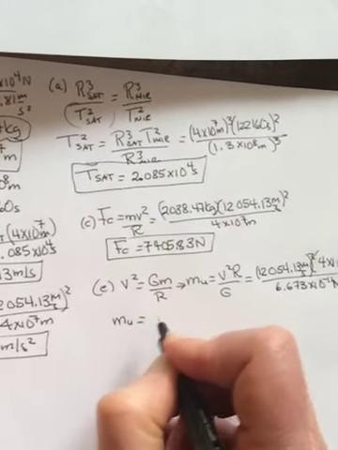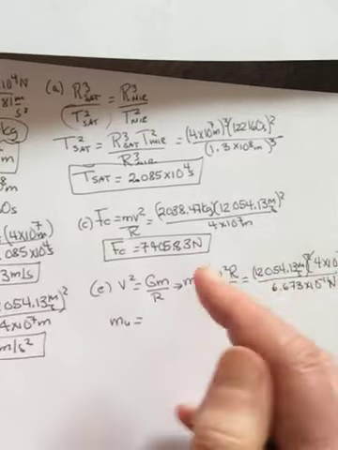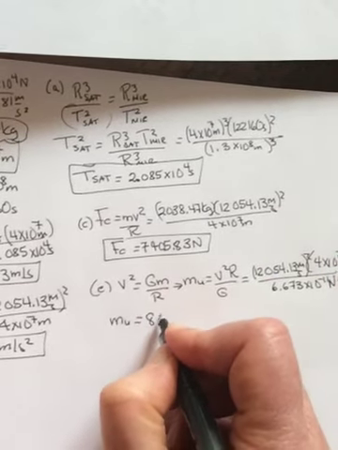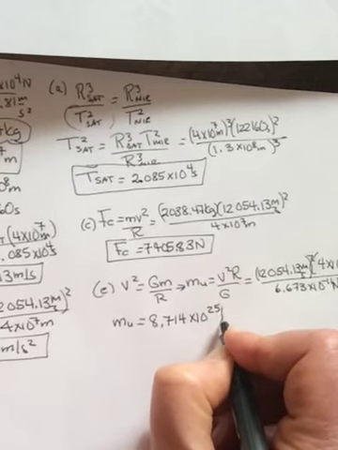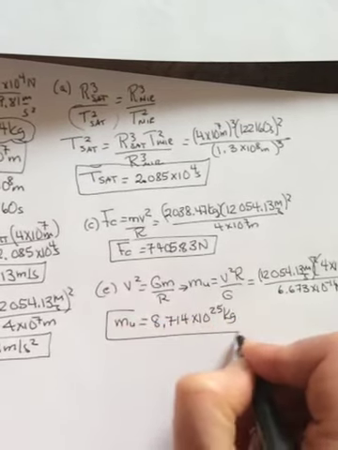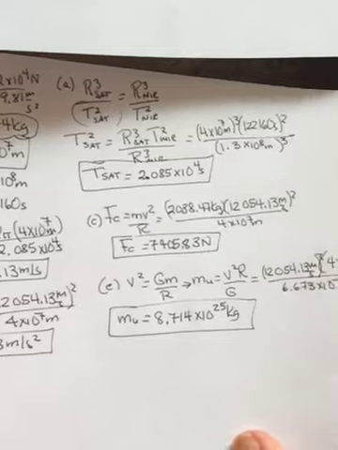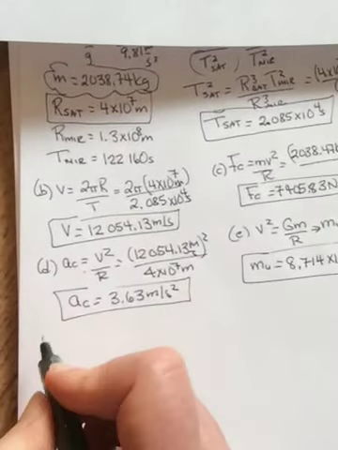If you type this in your calculator correctly and remember to square your v, you should get 8.714 times 10 to the 25 kilograms. 25 makes sense. It's bigger than Earth, which was 24.